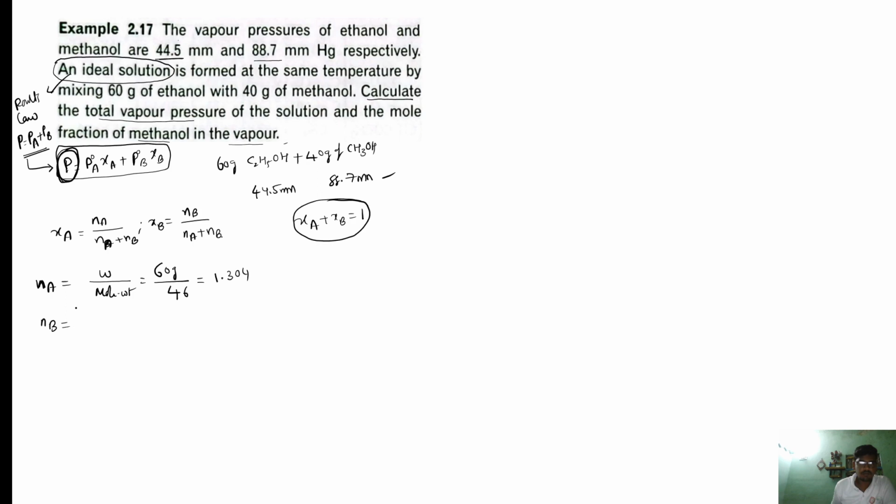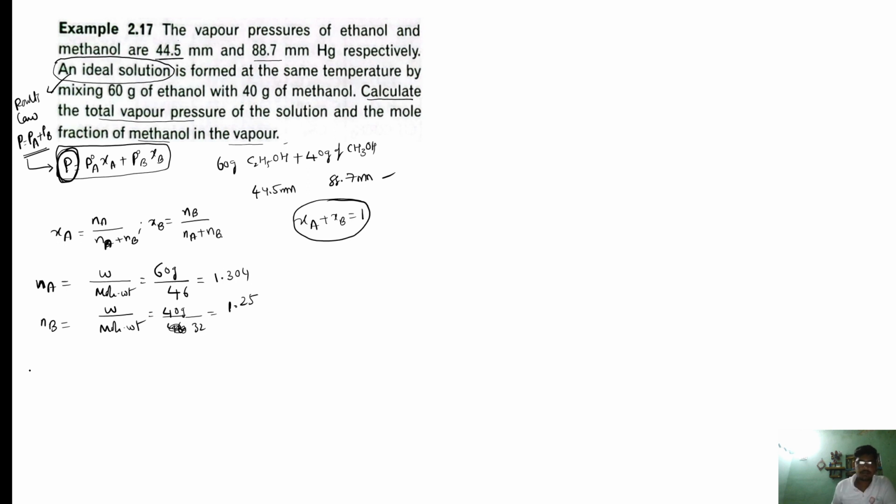Similarly, calculate the number of moles for B. 40 divided by 40. What is the molecular weight of methanol? It is not 46, it is 32. So it will come 1.25.